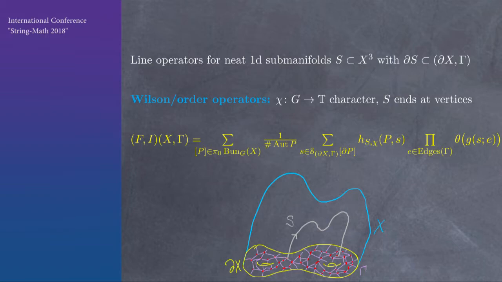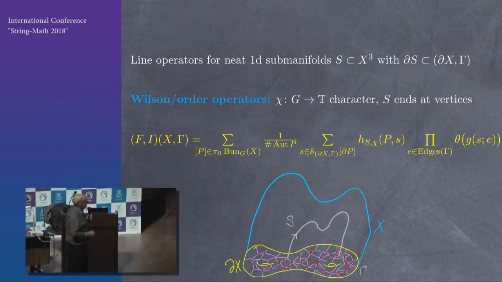Okay. So what about these line operators? Well, the gauge theory has line operators, and I told you we could have line operators that end on the boundary. And now, if we have this Ising boundary theory, then we can make the line operators, at least the Wilson and 't Hooft operators, with the boundary condition. So for the Wilson operator, I want the path to end on vertices here.